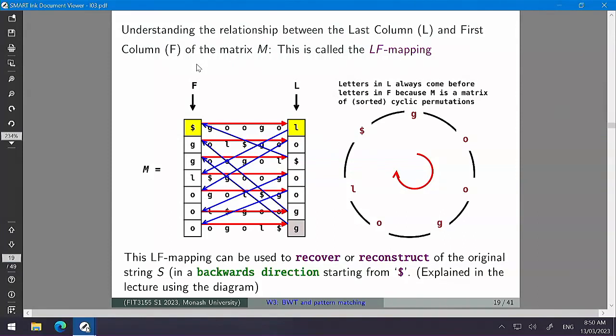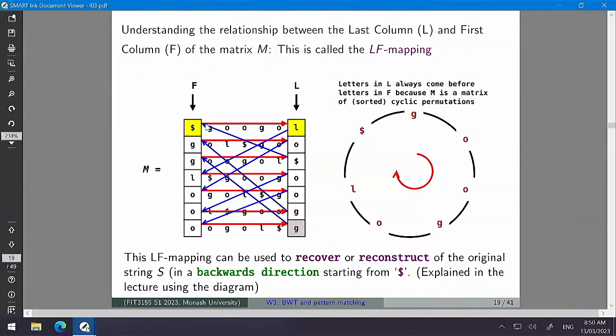What comes before dollar is whatever is the first letter in the last column of your Burrows-Wheeler transform, because L precedes F. If F is dollar, L would be whatever the character is in the last column.